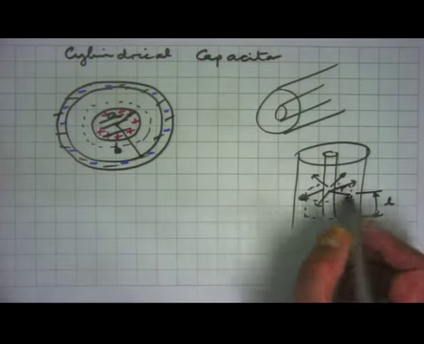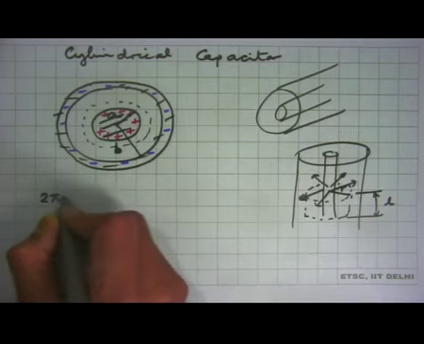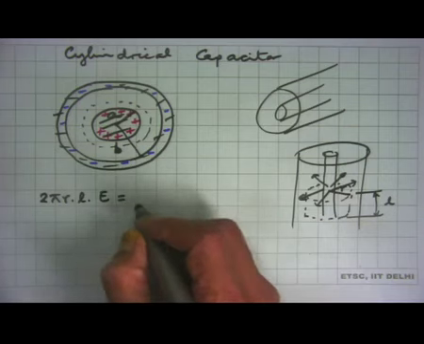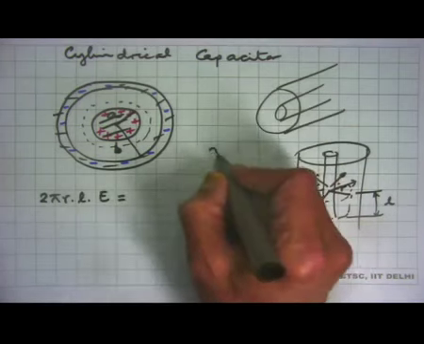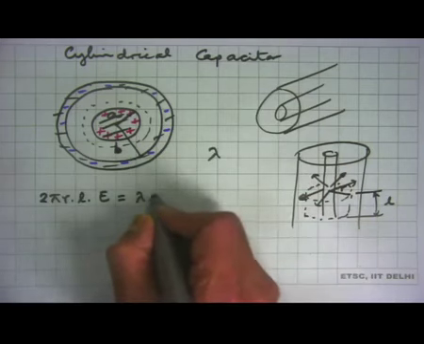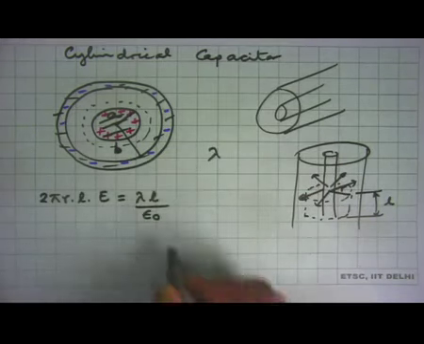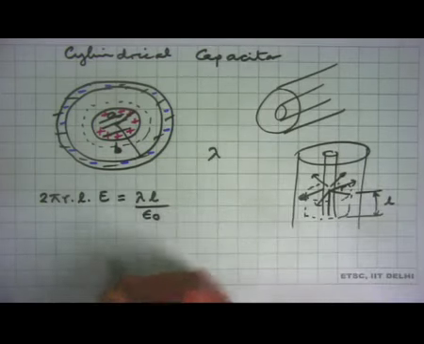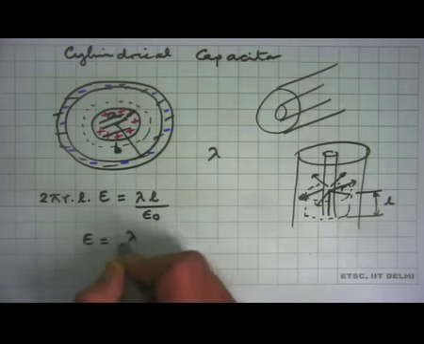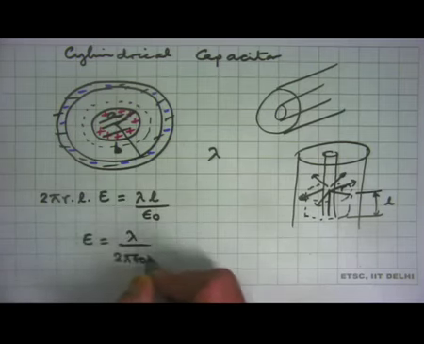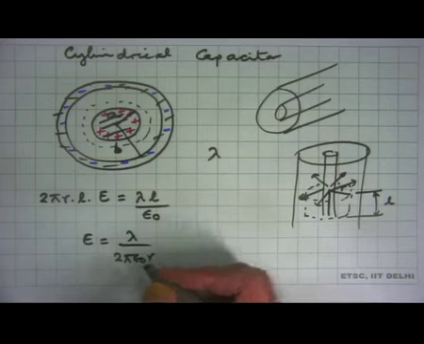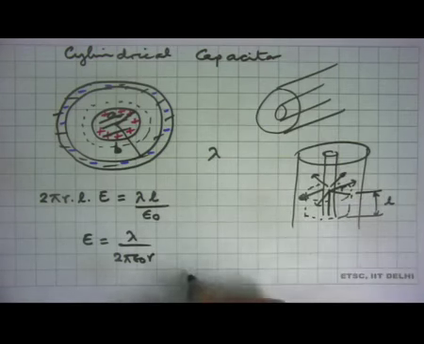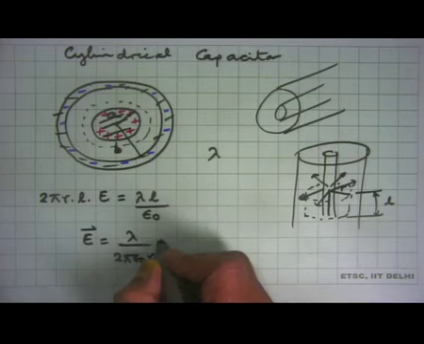There is only flux from the cylindrical surface, whose area is 2 pi r L. The electric field times this area must equal the charge contained divided by epsilon 0. If lambda is the charge per unit length, the charge contained is lambda L, so much length of the conductor contains lambda L charge. So the electric field becomes lambda by 2 pi epsilon 0 r. This we have already calculated before, and because the field is in the radial direction from the axis outwards, I can write E equal to this in the r cap direction.